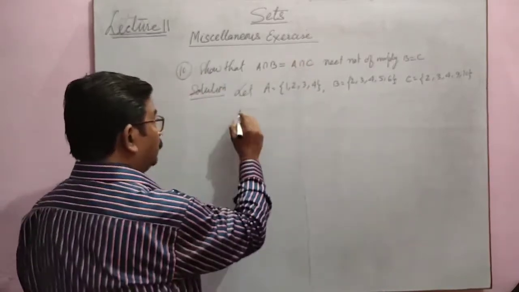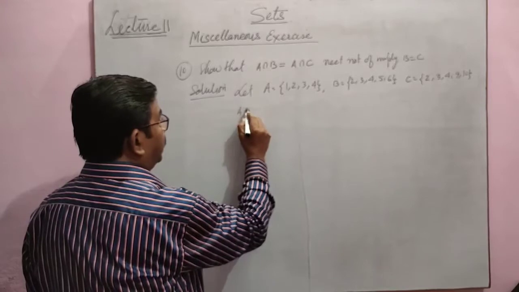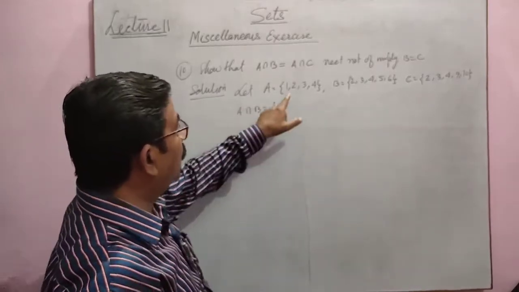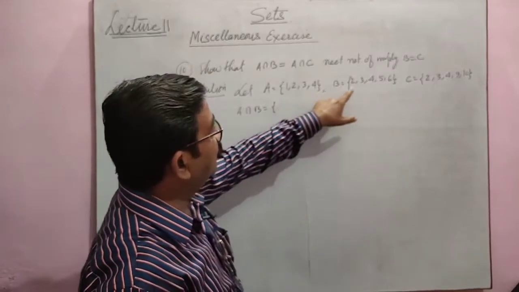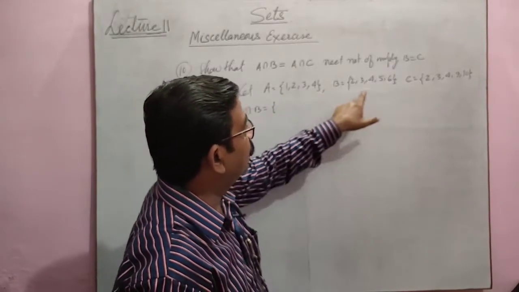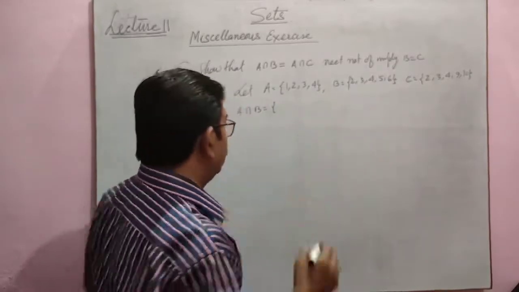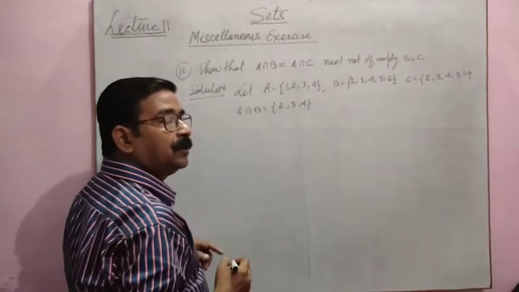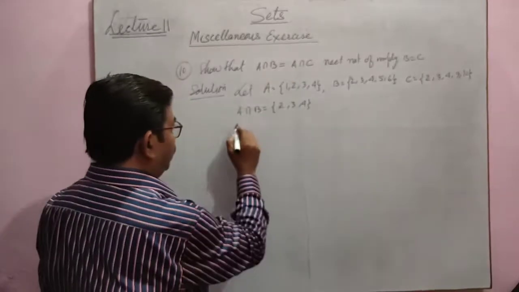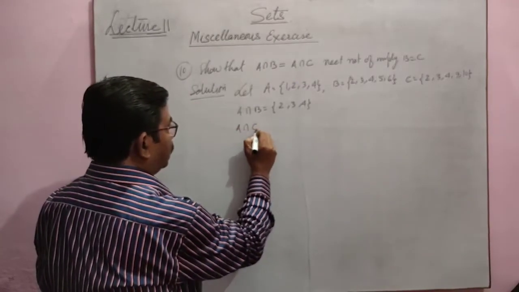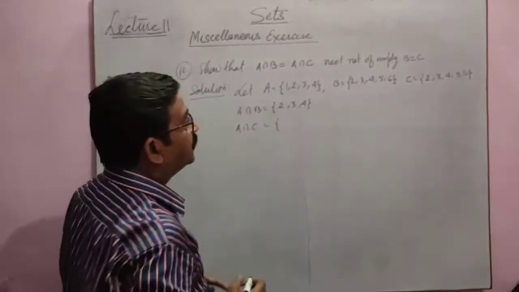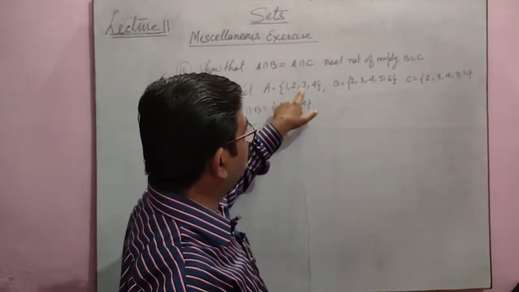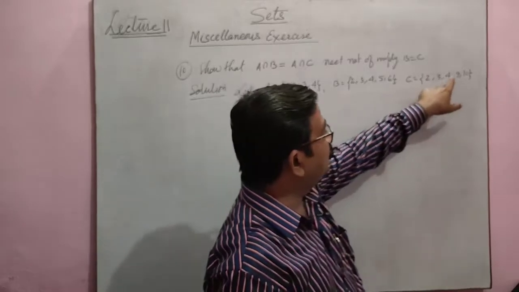So let's find out A intersection B. See, what are the common elements? We have 1 2 3 4 in A, 2 3 4 5 6. So 2 3 4 is common. Now find A intersection C. Here what are common in A and C? 1 2 3 4 in A. Here we have 2 3 4 9 10.